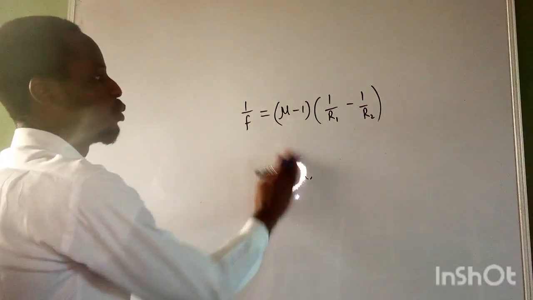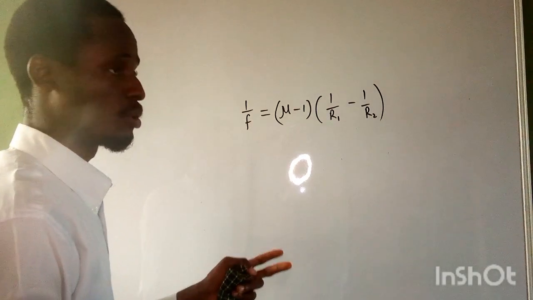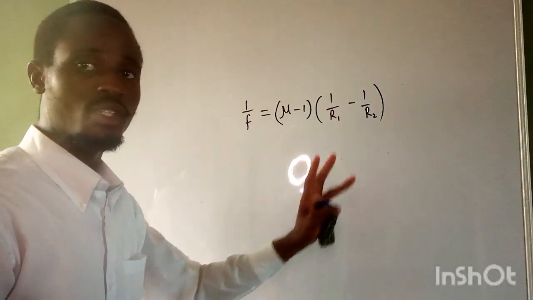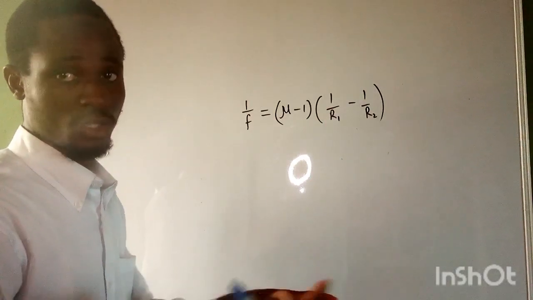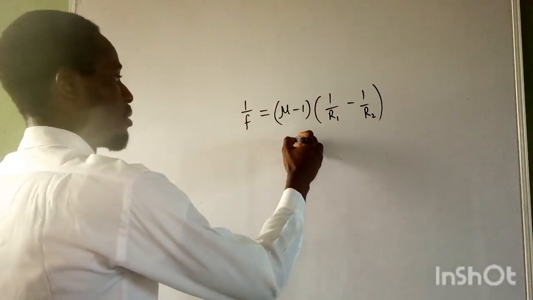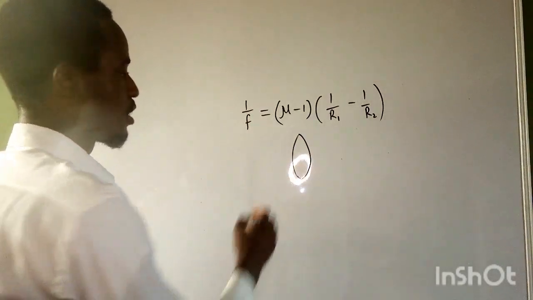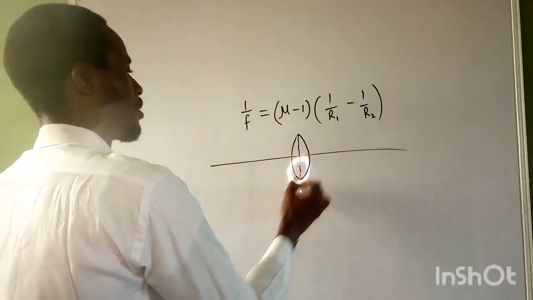So if we are to derive this equation now, we are deriving it from two equations. The two equations represent one for the refraction that takes place on the first glass, and the other for the refraction that takes place on the second glass, which are combined to form a lens. So we have this.